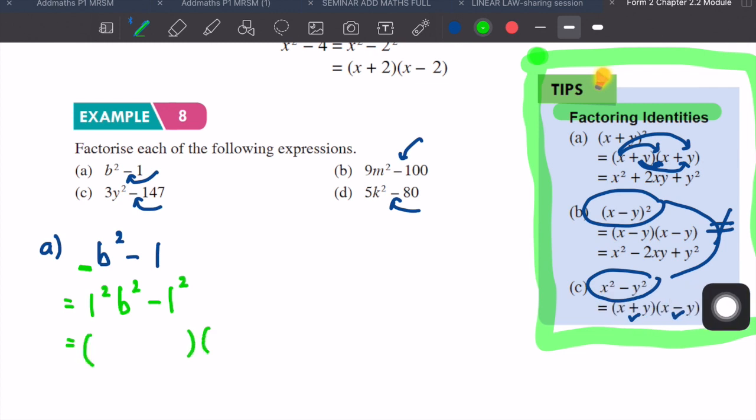Buat 2 kurungan. 1 tambah 1 tolak. Salin balik nombor tu tanpa kuasa 2. So B1, B1. Settle. Mudah kan?